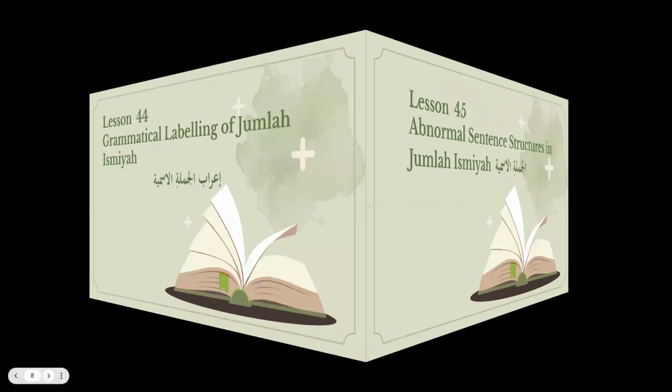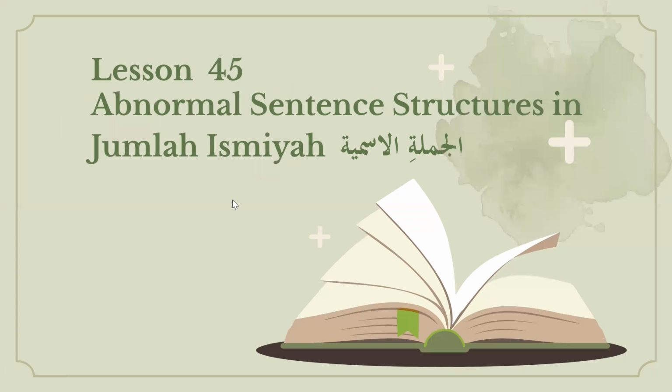Today, in our next lesson, we are going to learn abnormal sentence structures. So far, we learned regular sentence structure, in which we have mubtada, then khabar, then mutaliq bil khabar. So three main parts, and the sequence is mubtada, khabar, mutaliq bil khabar.